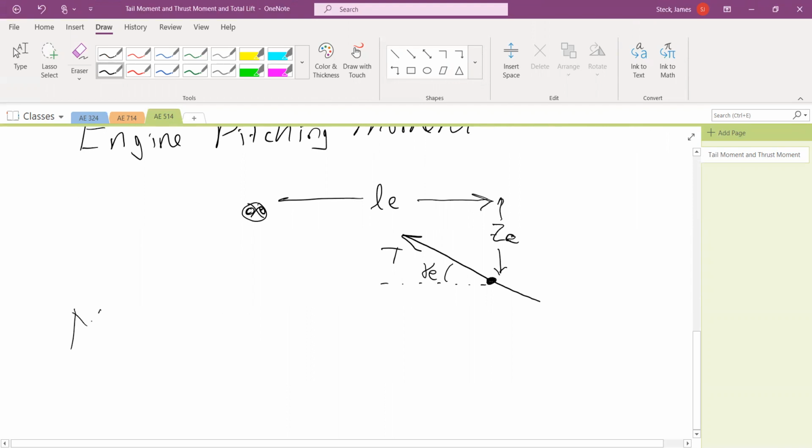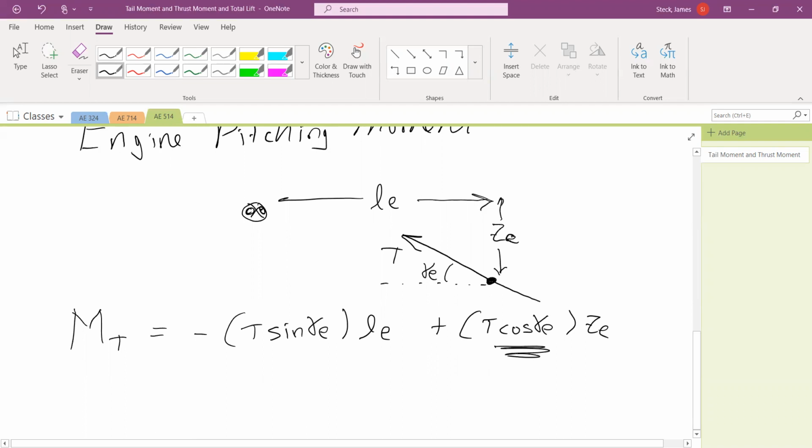So the pitching moment for the thrust: again, there's the horizontal component times ZE, nose up is positive, so we have a plus sign here. And then here is the vertical component of the thrust times the LE moment arm, and that's negative because that gives a nose down pitching moment.